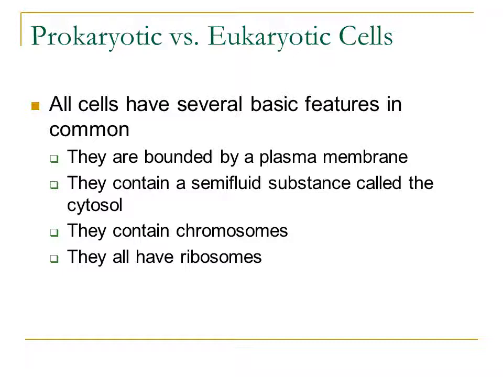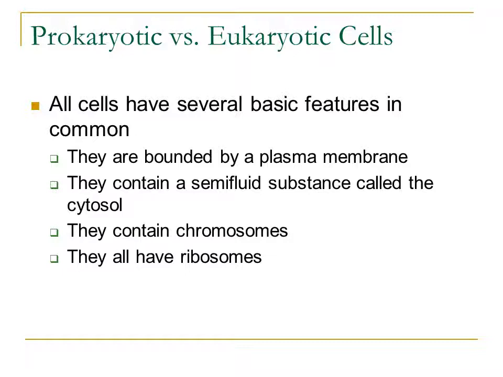All cells are also going to contain a semi-fluid substance called cytosol, or you can also refer to it as cytoplasm. I always like to call it just that stuff that's floating around in the cell, surrounding all of our organelles and all of the individual intracellular structures found within cells. All cells also contain chromosomes.